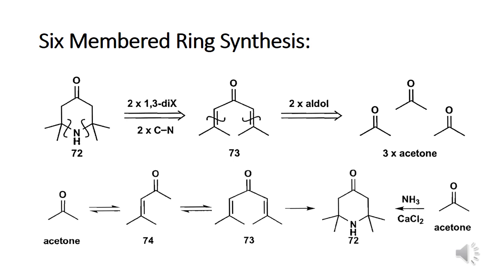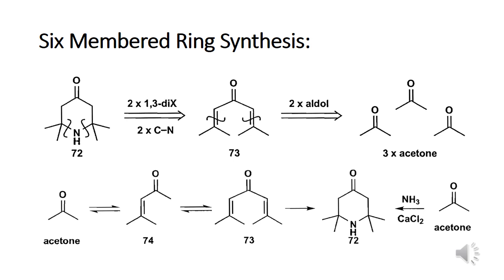In the synthesis, you can see the treatment of acetone with ammonia and the mild dehydrating agent calcium chloride at room temperature gives the piperidone 72 in a one-step reaction.